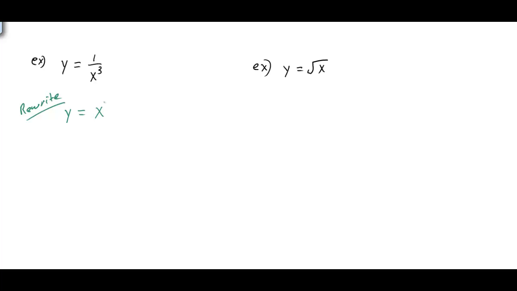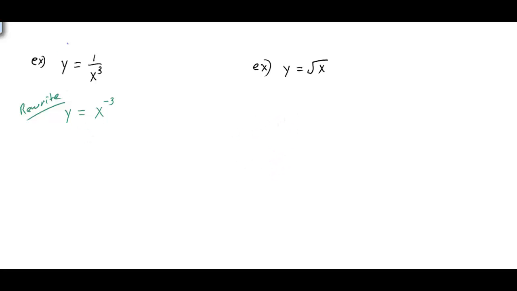We're going to end up with x to the negative 3rd power. So remember, normally if you have something like y equals x to the negative 3, you want to make your exponent positive, and we would move that x to the bottom to make it a positive 3. But in this case, we're going to do the opposite. We want to move this variable to the top, so we're going to make it a negative 3.